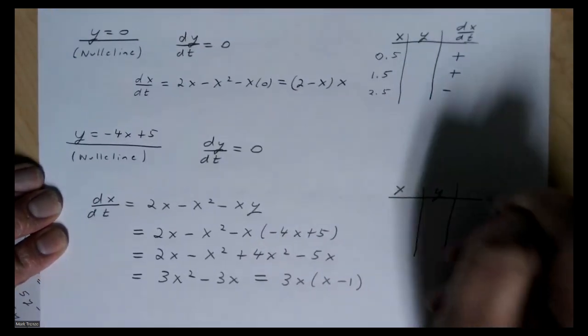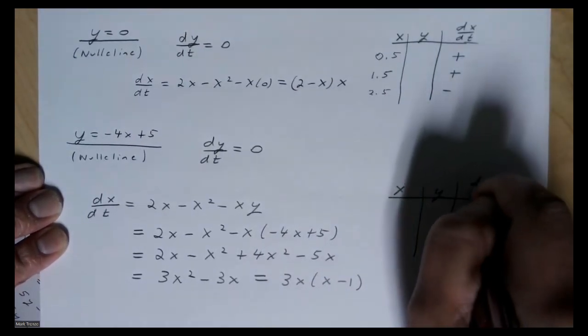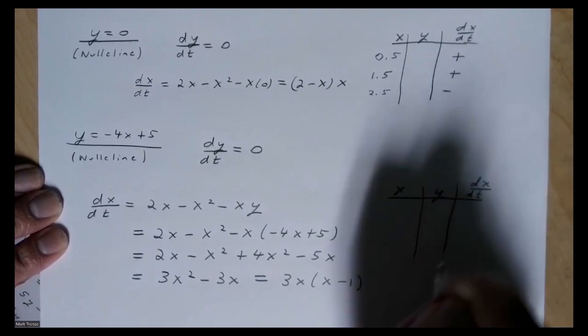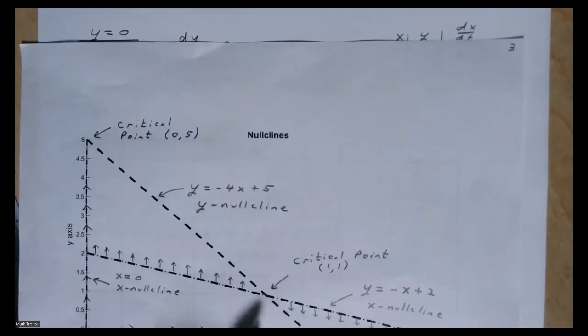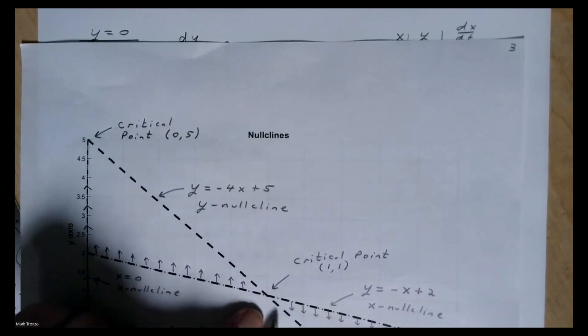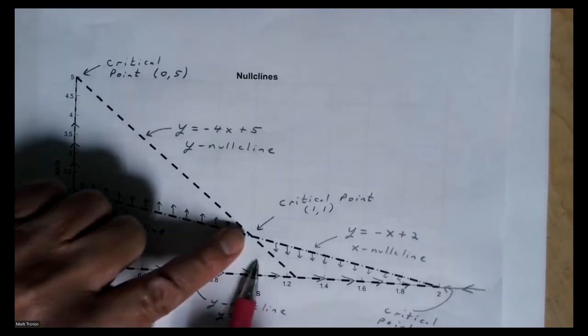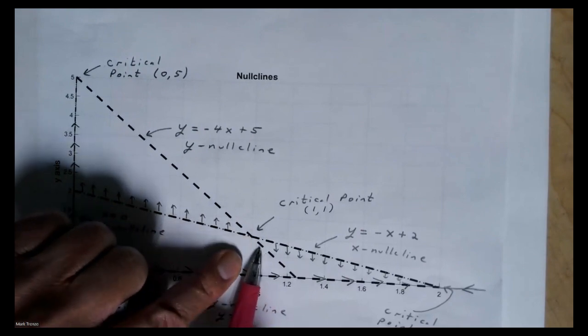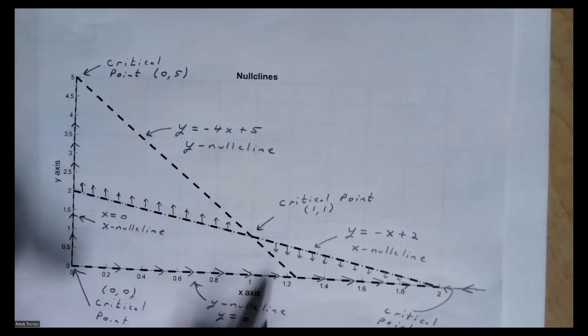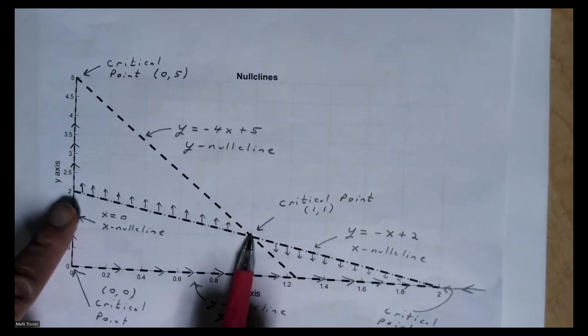I really don't even need the y column, but so we want to put 1.1, and that would give us a point somewhere in this region right here. Then we want to pick a point somewhere in here.